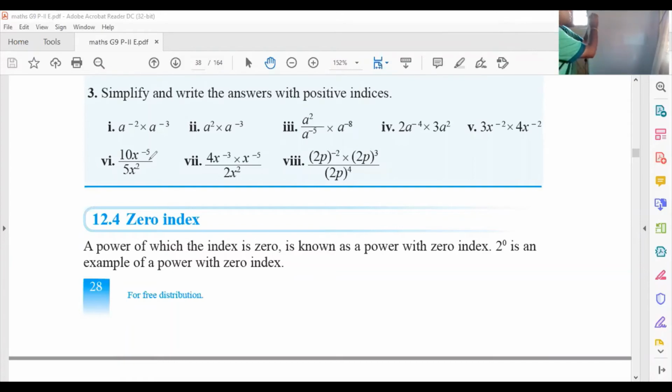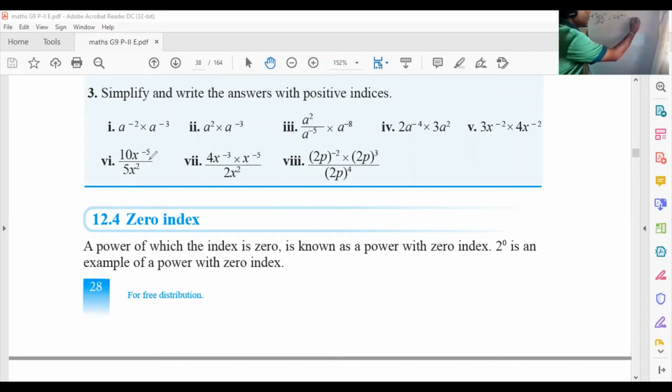This question is 10x to the power negative 5 upon 5x to the power 2. 5 and 10 both are divisible by 5. 5 divided by 5, 1. 10 divided by 5, 2. 2x to the power negative 5. When dividing, the indices should be subtracted. 2 should be subtracted.